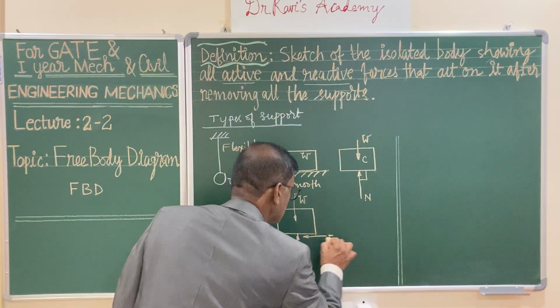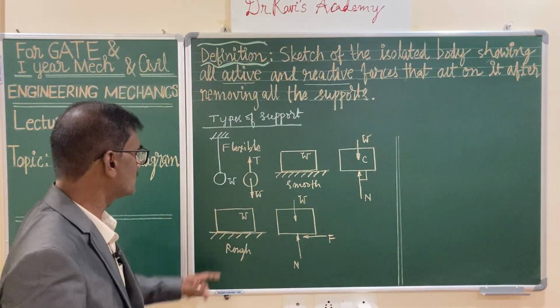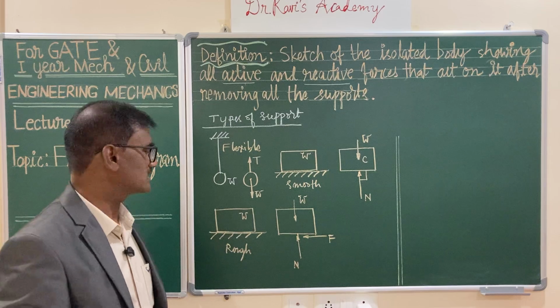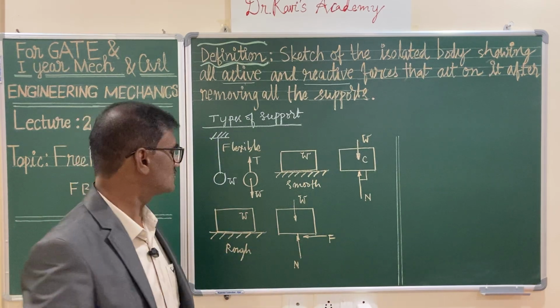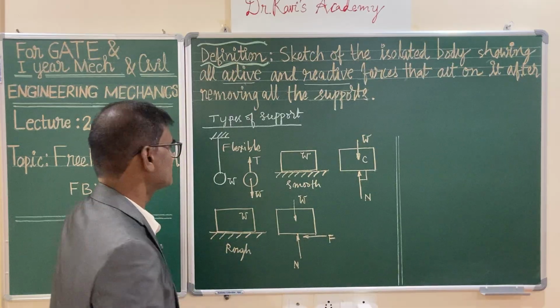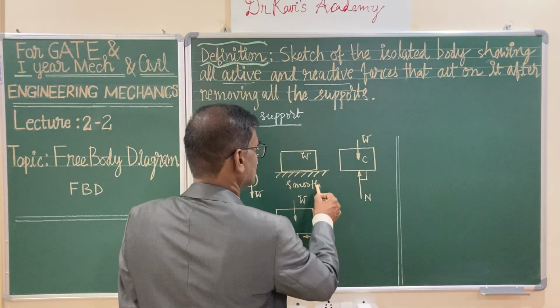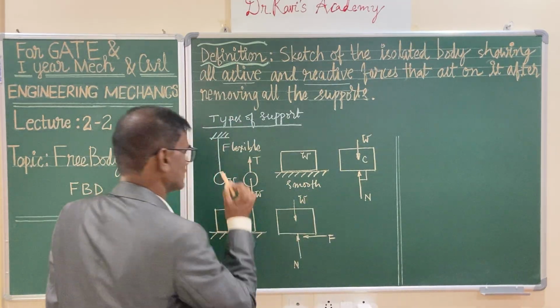So a rough surface you are always going to replace with two forces. One is the frictional force, which is opposite to the direction of the impending motion, and a normal force. So observe carefully the difference between smooth and rough.